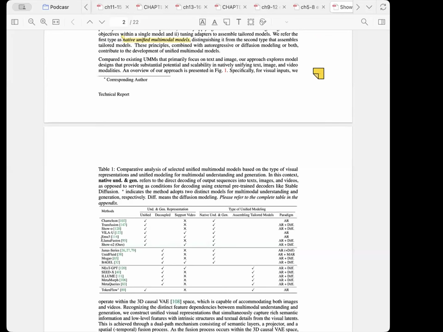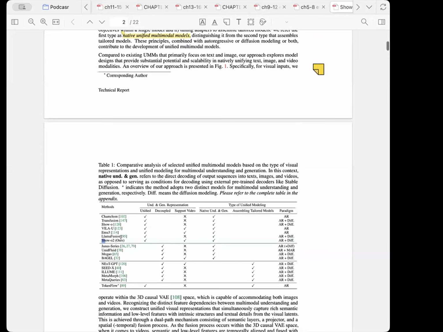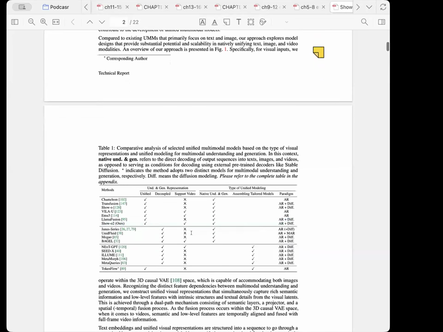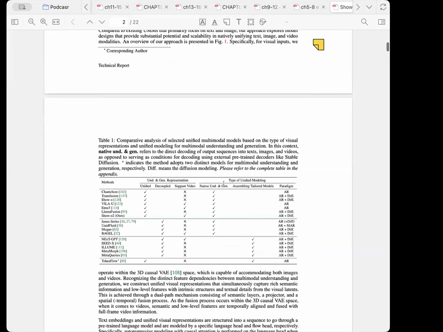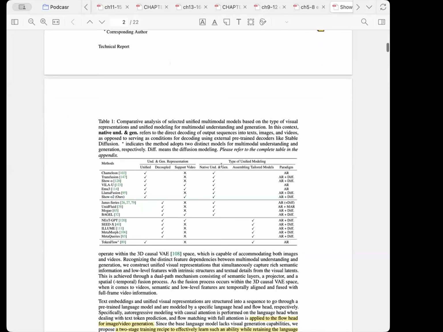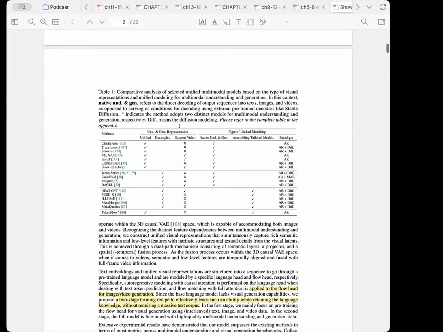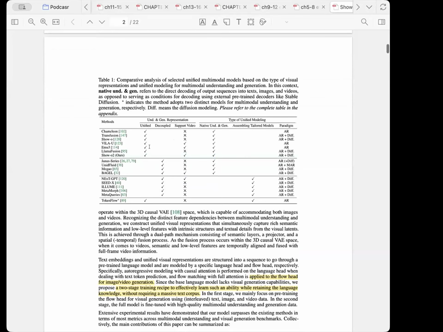We can see Show-O2, which is here. It is unified, it supports video, and it is a native type of unified modeling instead of a tailored model. I think that is quite useful because it both supports video and is a unified model.